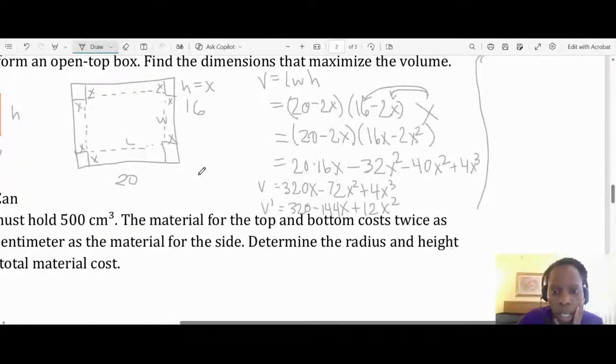So 144 divided by 4, 48, right? So that's 12, 24. Oh, 6. I did have 36.